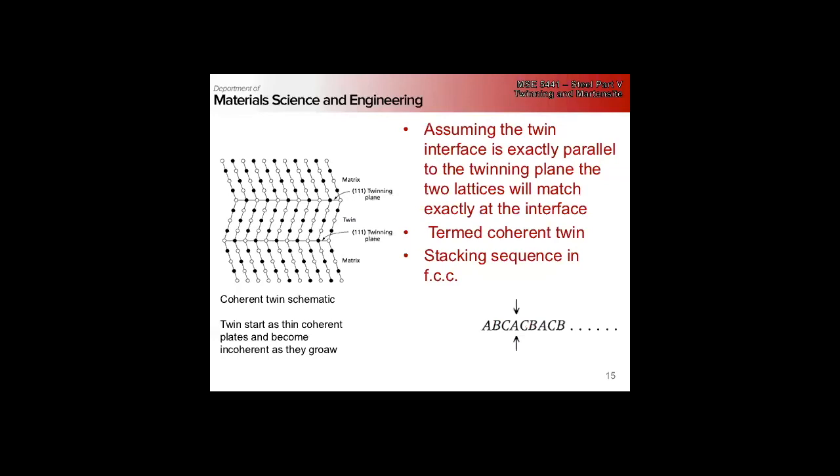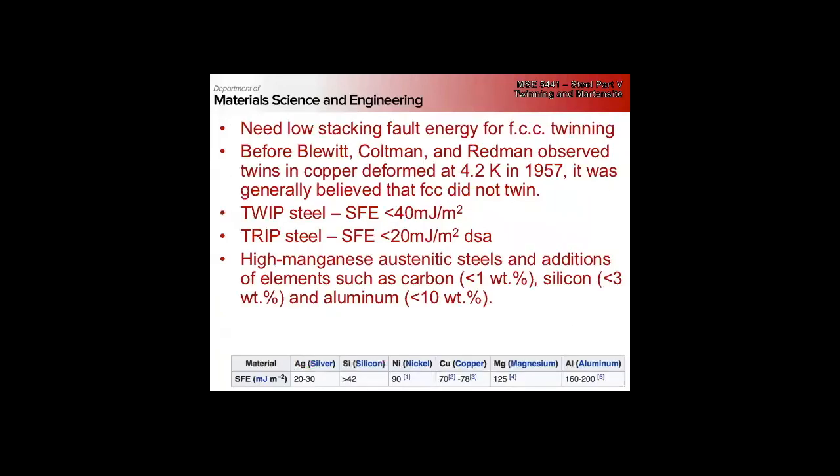Did we ever see twins in aluminum? No, right? What's the stacking fault energy in aluminum? High, right? So 200. I just blanked on units. Millijoules per meter squared, right?